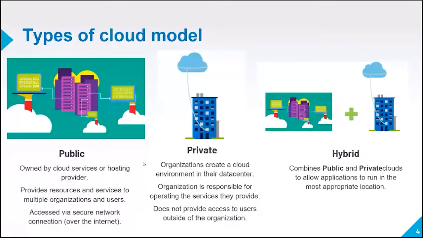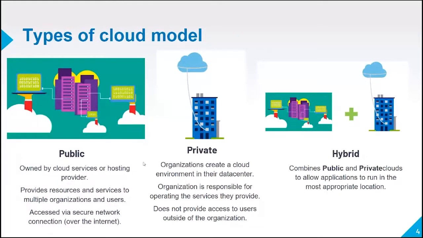Now, what is private? Organizations that create their own cloud environment in their data center use a private cloud model. For example, if you are part of an organization and can access their data from around the globe, then it is a private cloud model. Now, what is hybrid?